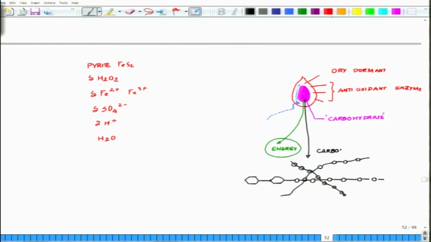Now, each one of these individual units that you see, these are the monomers. These monomers are attached, forming a polymerized structure, through a bond called a glycosidic bond, which is this one.